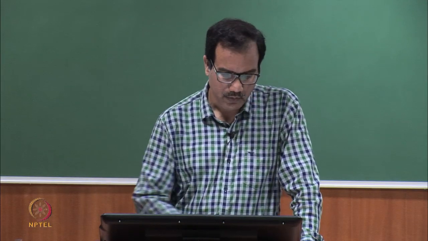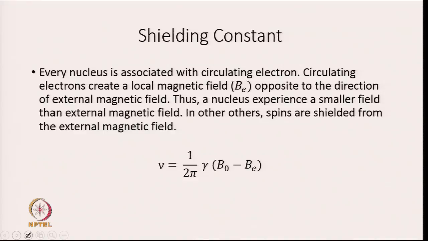It is not so, because every nucleus is associated with circulating electrons, and circulating electrons create a local magnetic field opposite to the direction of the external magnetic field. Thus, a nucleus experiences a smaller field than the external magnetic field. In other words, spins are shielded from the external magnetic field.